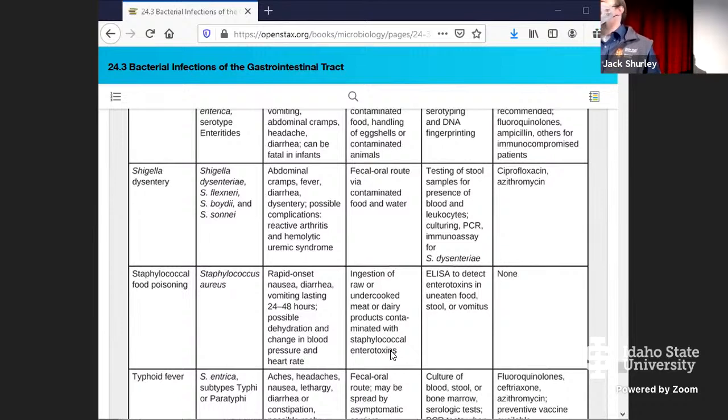Staphylococcus says, that's perfect for me. I love it, all right? It slows it down a little bit, but it still grows and releases toxins. And that sets the stage for concern, all right? So there are immunological tests to look for the toxin, antibody against that.